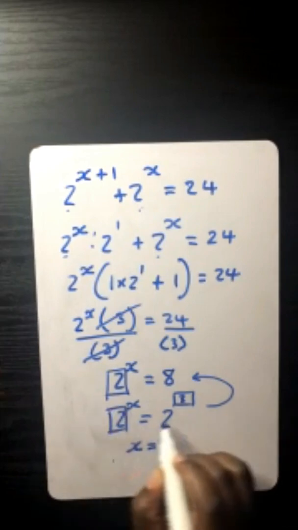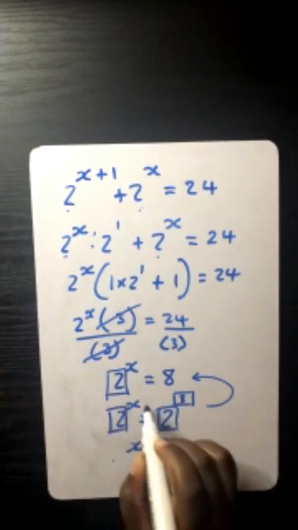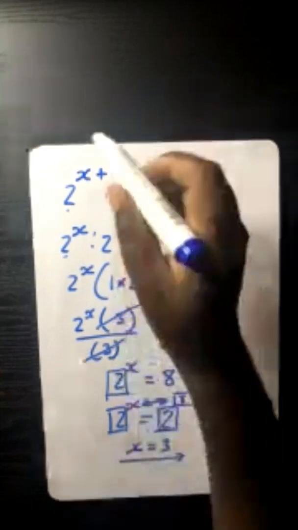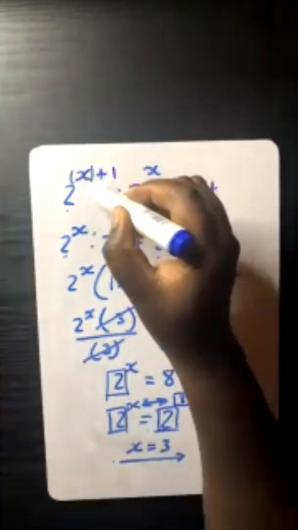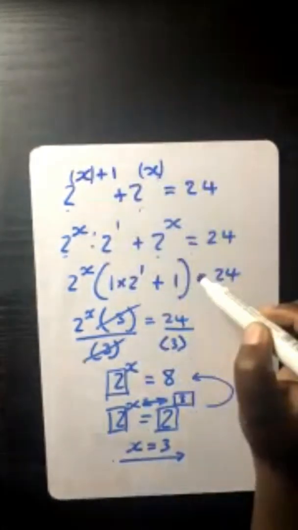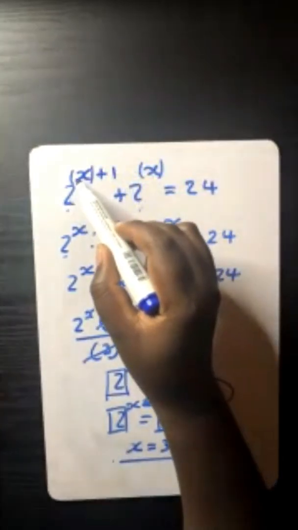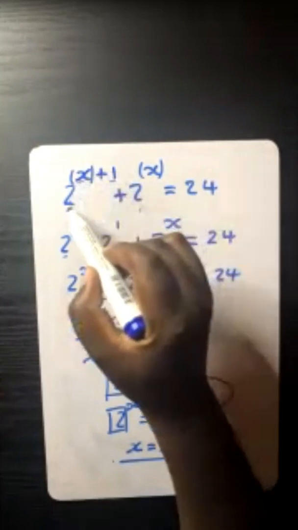Remember, the bases are the same. They fall away. You equate the exponents. So, therefore, x is equal to 3. If you want to prove it, you substitute it there and there. Obviously, this 2 to the exponent 3 is 8.